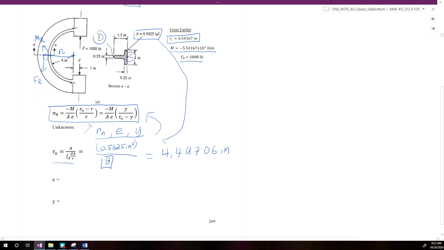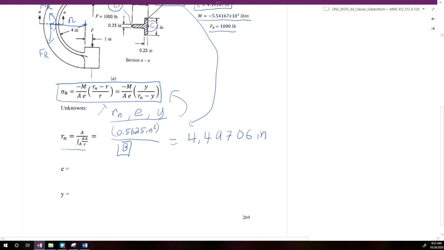Okay, so we can then calculate our eccentricity value, e, which is going to be equal to Rc minus Rn. If we do that, we end up getting 0.4661 inches.